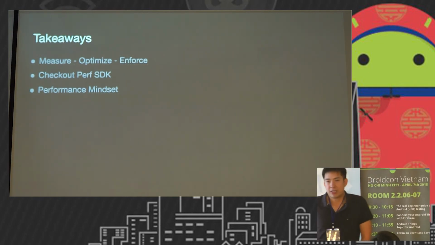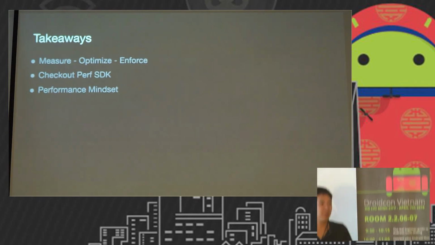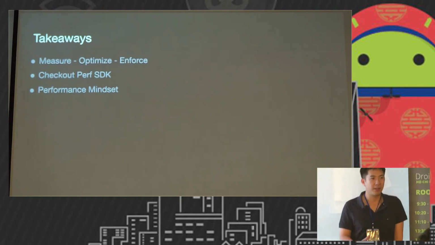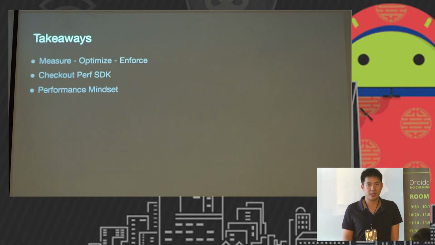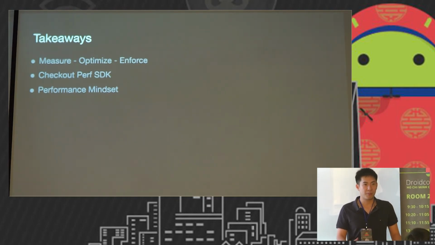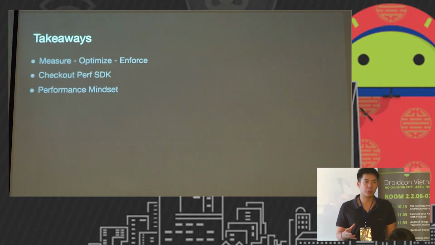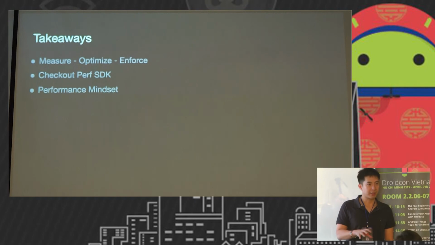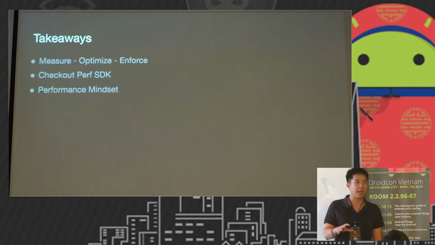Take an example: if the designer gives you a design that is very fancy but impossible to implement in a fast and performant way, then there's no way you can build a performant app with that, right? So it's really the performance mindset that you should take away, and you should bring it to the team, talk to everyone, get them to start thinking about performance, put it in their heads, and then they will. You're going to see some improvement going through this, right?